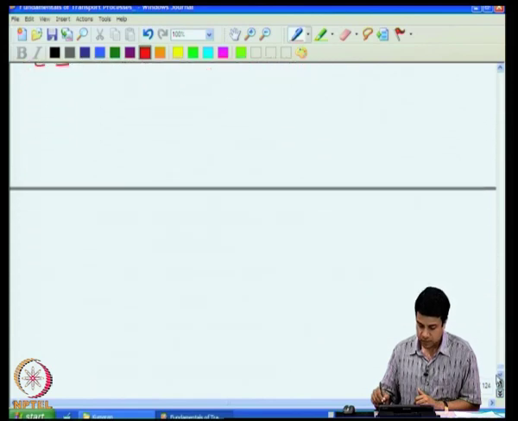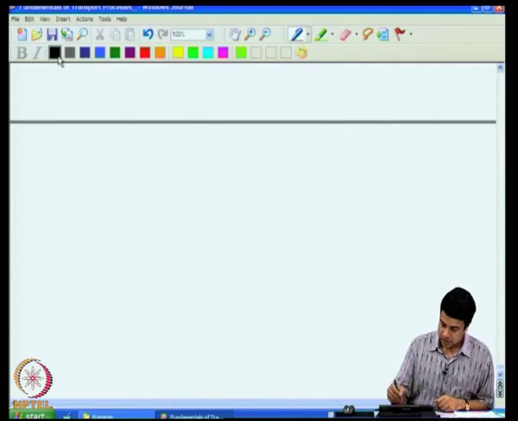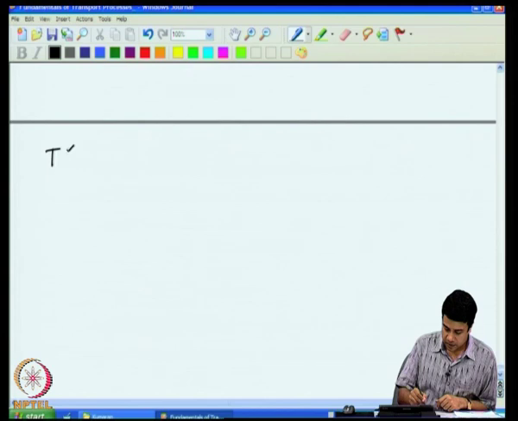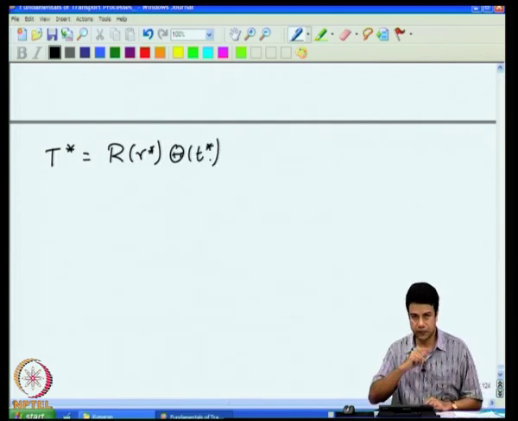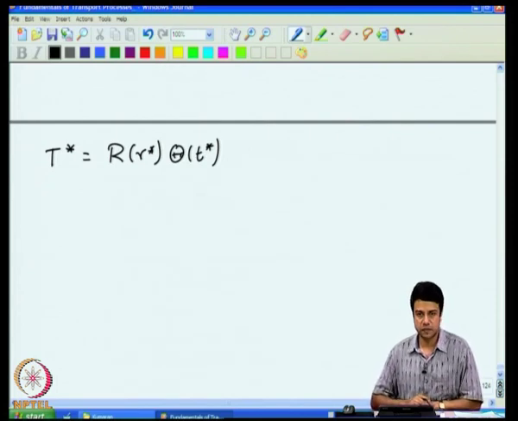So, let us look at how we would do the separation of variables. As in the case of a Cartesian coordinate system, we will separate T star is equal to some function of r star times some function of time. So, this is the usual procedure that is used for all separation of variables problems.